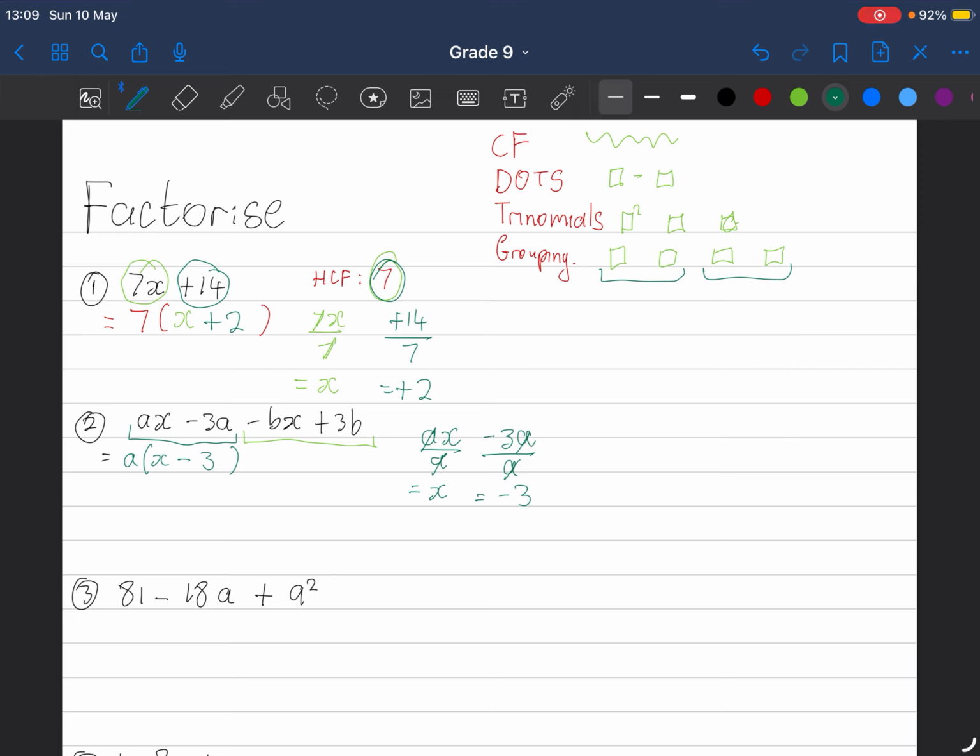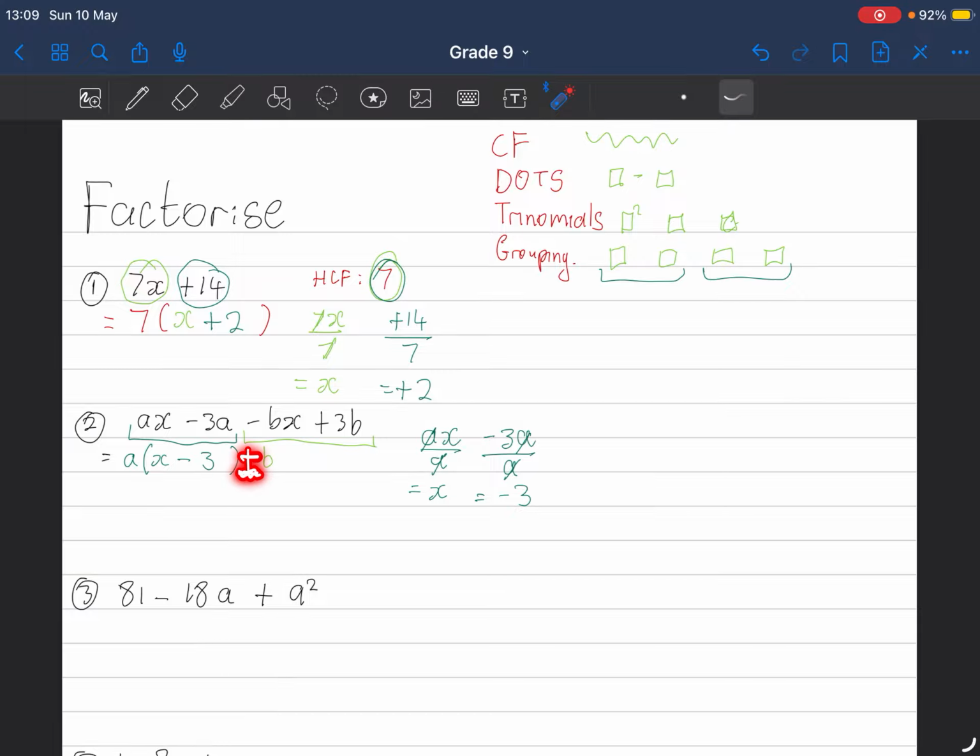For our next group, we're going to look for our common factor. This expression, minus bx plus 3b, has a common factor of b. So I'm going to pull out a common factor of b. When I pull out this common factor and there's a bracket before it, I can't leave the space empty.